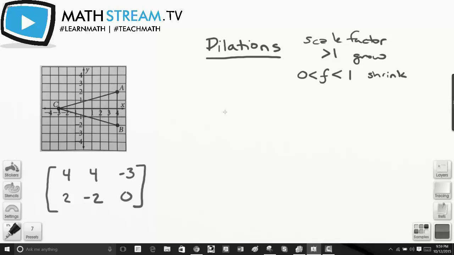Okay, let's look at your worksheet again. Let's look at number 3, which asks you to do the same thing to find the coordinates of the image under each transformation, in this case a dilation of 1.5, and then express your answer as a matrix.